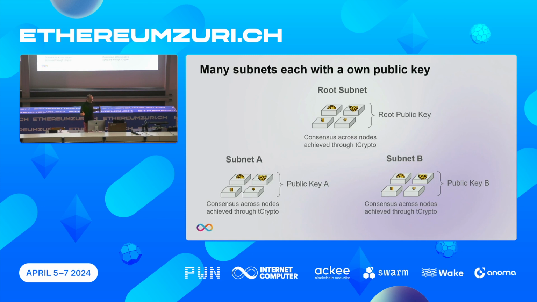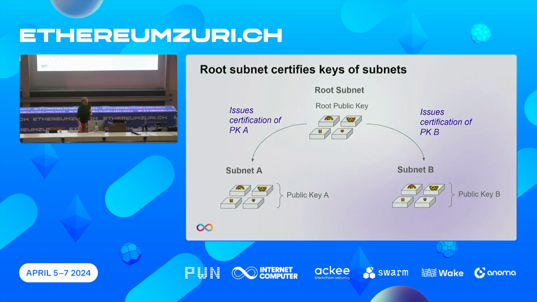So what have we achieved? We have subnets with their own public key, too many public keys. Can we do something about it? So the root subnet on ICP certifies the public keys of every subnet that is being spawned.